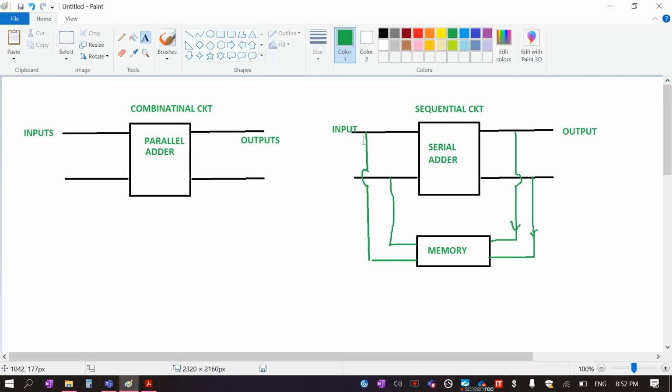Whenever you change any input over here, the outputs will be carried to the memory again, and again it will be given to the input. So that's why the outputs are always depending upon the input. That is why it is a sequential circuit.